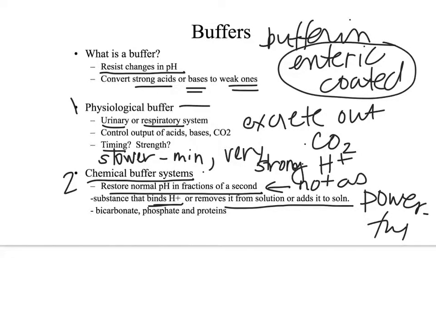A physiological buffer would be like if you clean out your piles of papers and put them in the recycle bin or throw them away, whereas with a chemical buffer system you still have all the piles, but you're shuffling them around, moving them from one table to the floor and back up to another table. Chemical buffer systems are not as powerful, but moving things around helps you. Examples of chemical buffers are bicarbonate, phosphate, and proteins, and we're going to talk about each of those in detail.